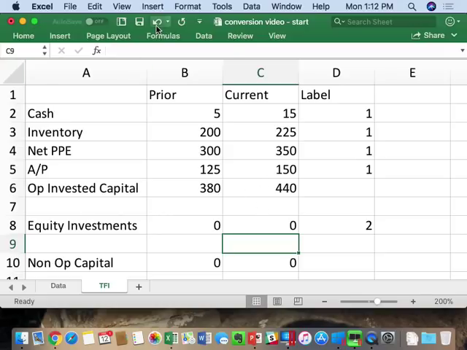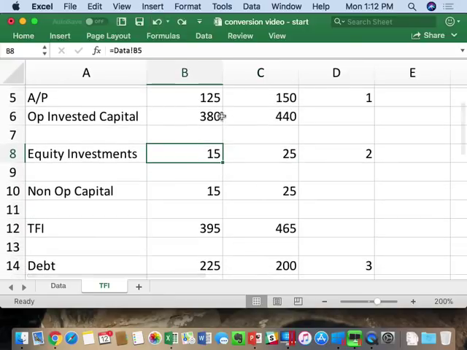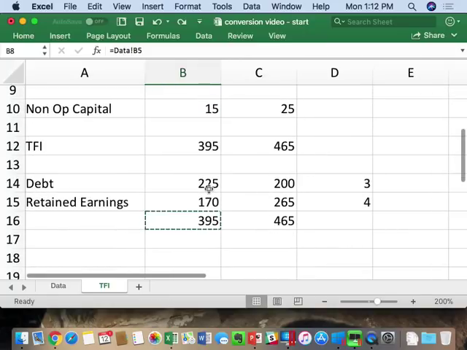So that's the point. Let's undo, undo. And now we have a statement. We have basically 380 of operating assets, 15 of non-operating, which is 395, which is financed by 225 of debt and 175 of equity. Okay, just cleaner views of the statements mapped to Modigliani-Miller. Questions?